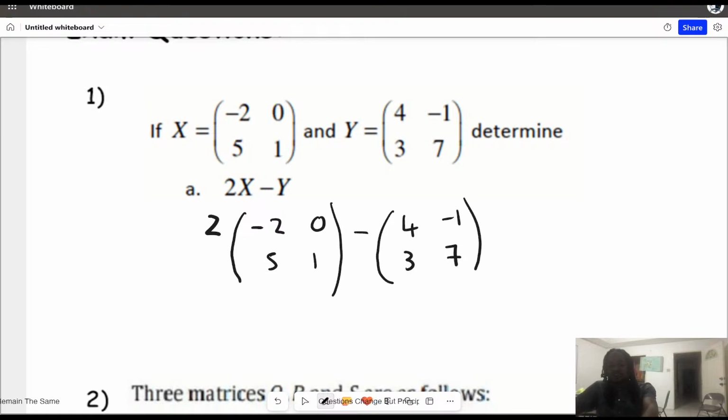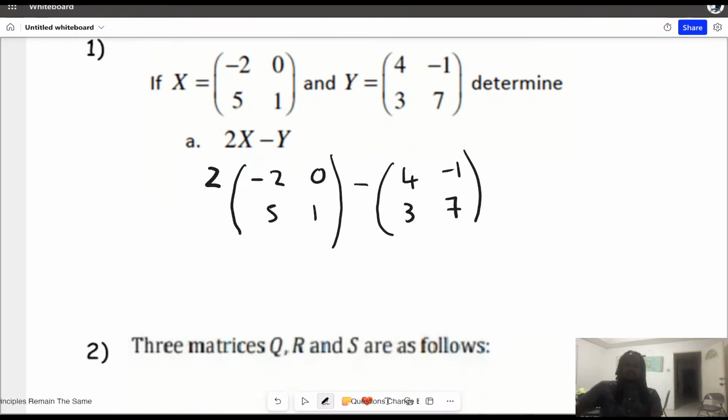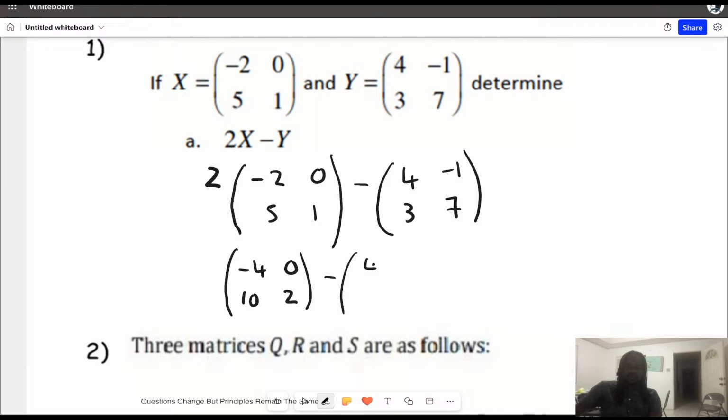And then we need to subtract that. Before we can subtract, we need to do the multiplication. So 2 times negative 2, negative 4, 2 times 0, 0, 2 times 5, 10, 2 times 1, 2. Minus y, 4, negative 1, 3, 7.